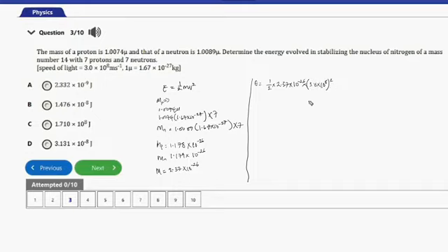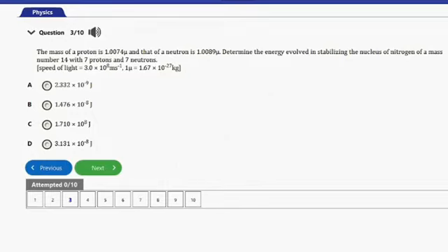So we'll square this, and then let's go ahead and calculate this all through. We are going to have 1.710 times 10 to the power of 8, which is option C here. So that's it for this question. Let's go ahead and consider the next question.